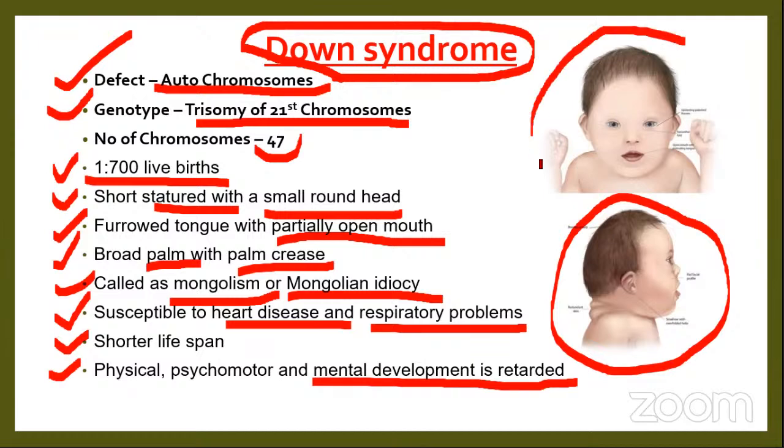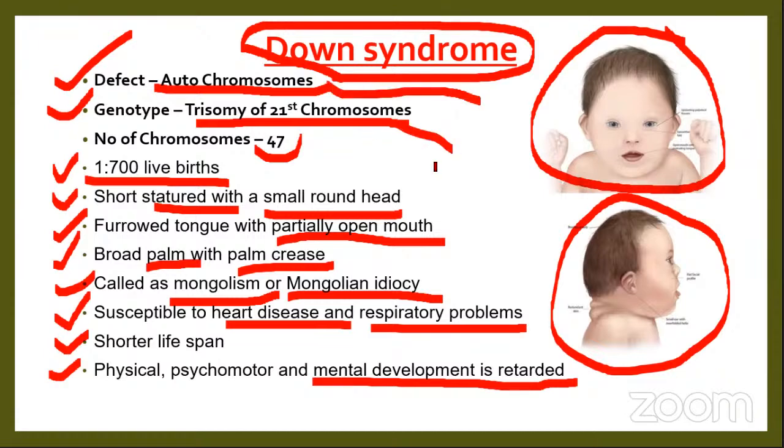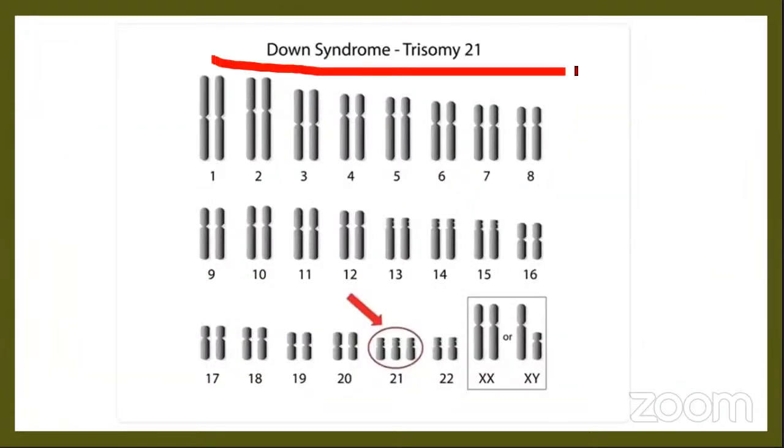You can see the pictures here. These are innocent kids who are suffering from Down syndrome. So mainly you need to remember that it is an autosomal disorder, and the 21st chromosome has trisomy. That means one more chromosome is added. See the karyotype of Down syndrome.